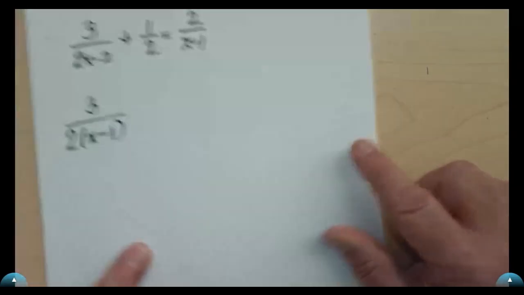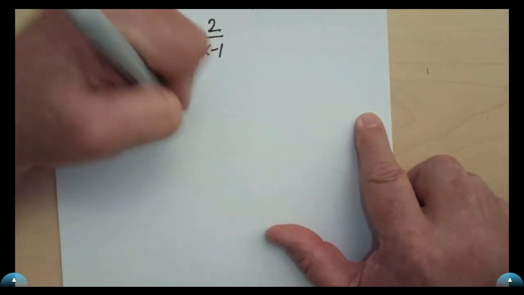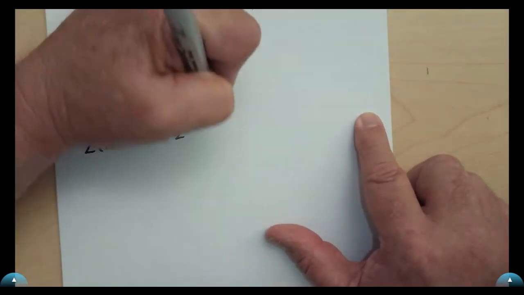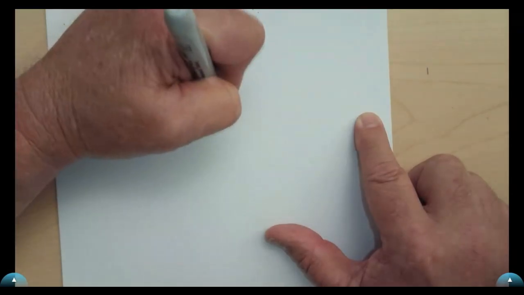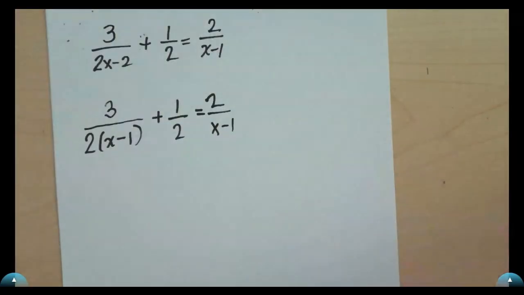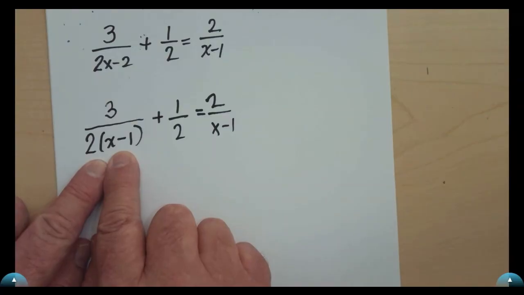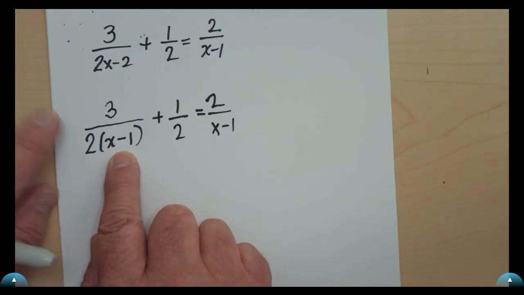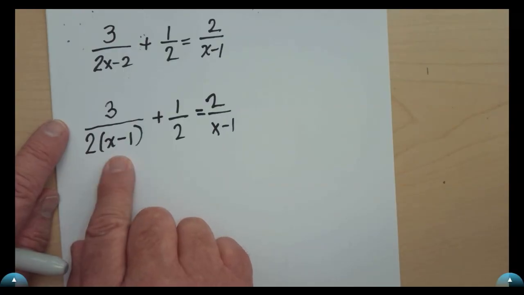The reason you want to do that is because once you do, it's pretty easy to see what the LCD is. We know our LCD has to have a factor of 2 and a factor of x minus 1.